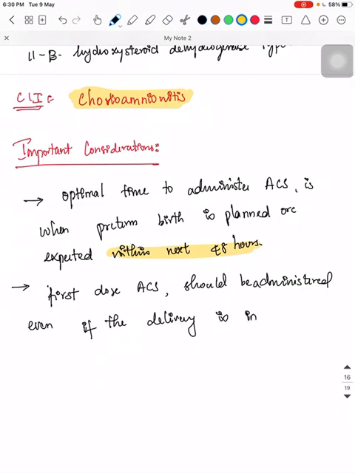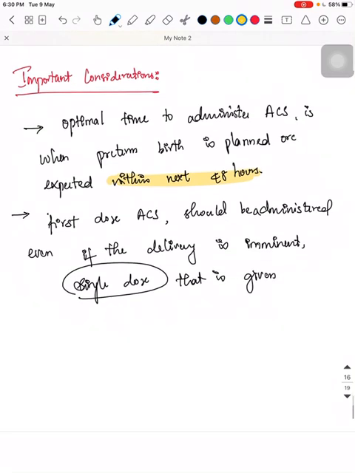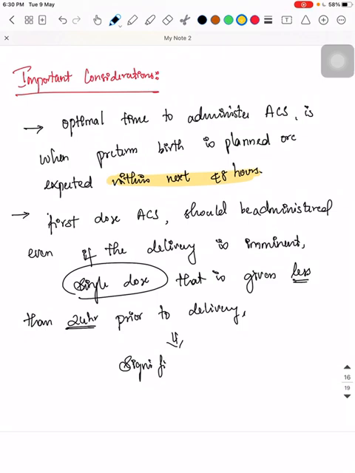It is because a single dose that is given less than 24 hours prior to delivery is also associated with a significant reduction in morbidity and mortality. Okay, this is the first consideration.